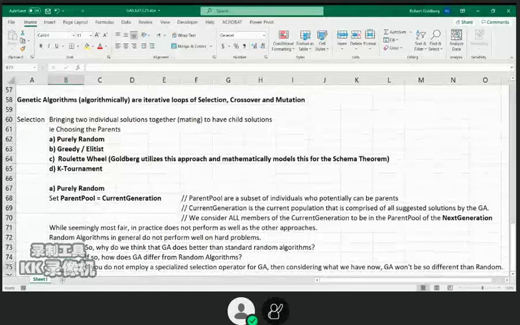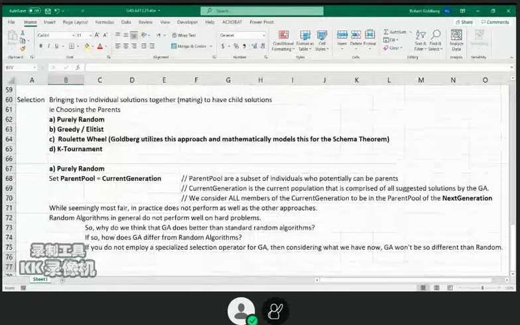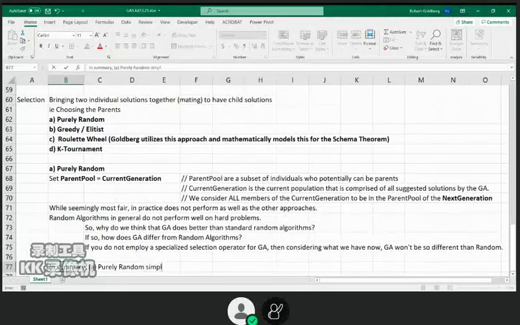So in summary, A, purely random simply randomly picks, chooses, or selects, however you want to say, two individuals who are the parents for children in the next generation.